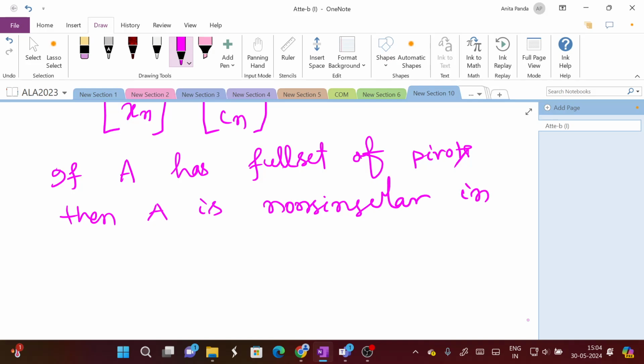In that case, this implies Ax = b has a unique solution.